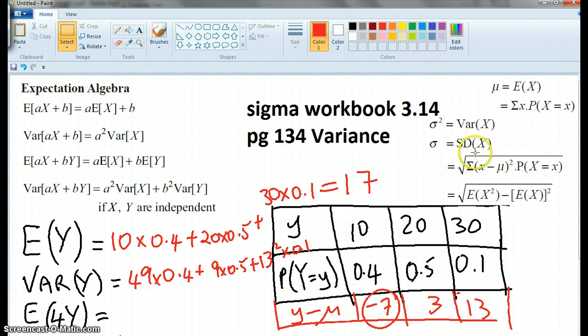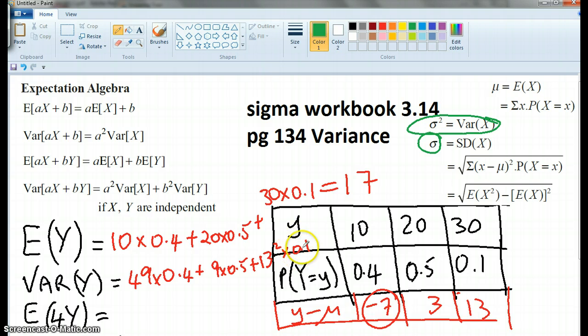So here I have got the formula from the formula sheet, and the standard deviation is the square root of the expected value of the value less the mean squared times the probability of it. So in order to get the variance, which is standard deviation squared, that's all I need to do.